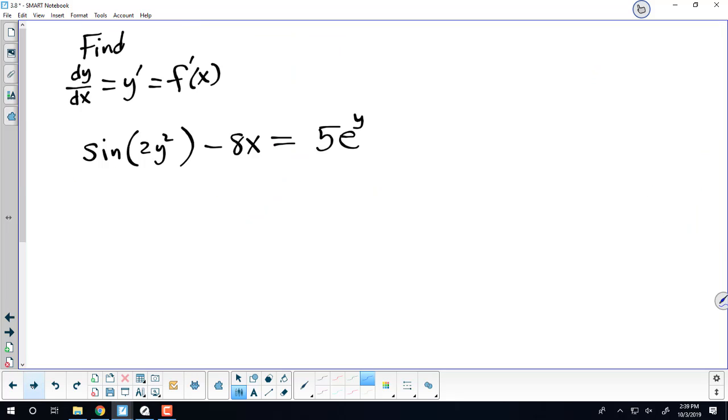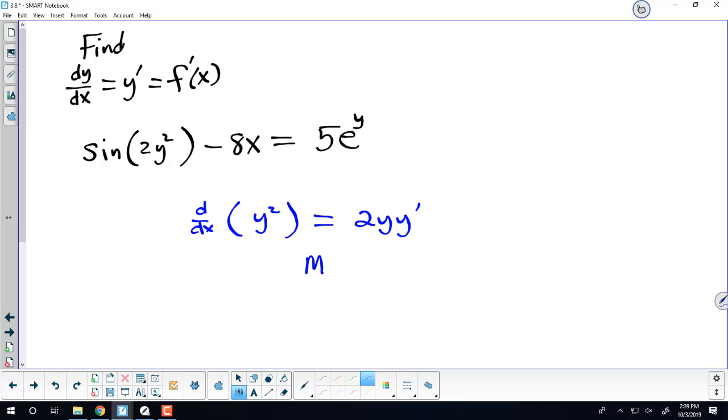Okay. So I do want to mention that if you're looking at the MyMathLab help me solve this, they're not going to. So just let me write something down. If you're taking the derivative of, I don't know, y squared, we've been saying that this is 2y times y prime.